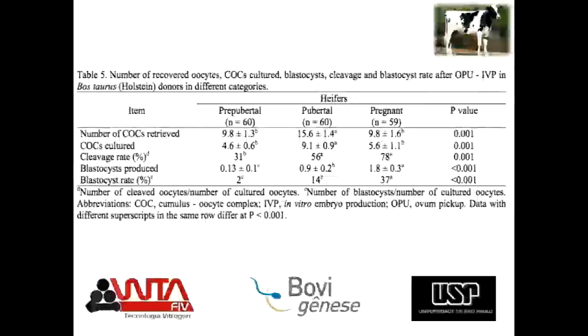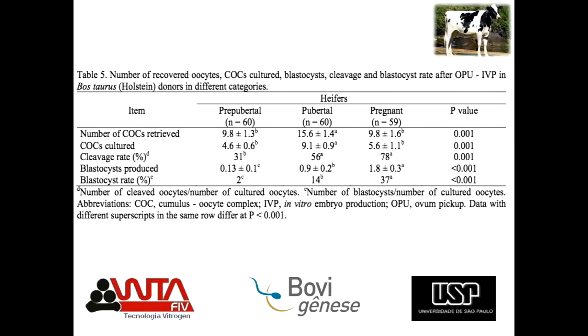So this is the result, 60 OPU per group, the same day. We did this experiment with IETA, IETA is here. If you have some question, you can talk with IETA, but look at that here. Prepubertal again, very low efficiency.